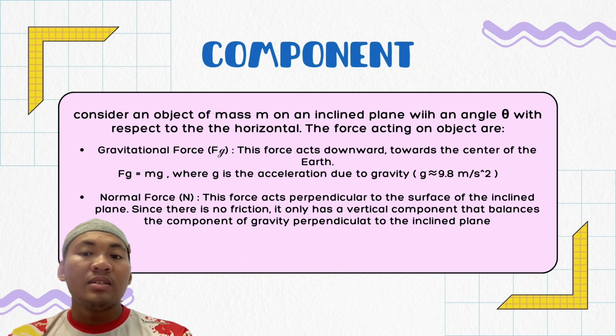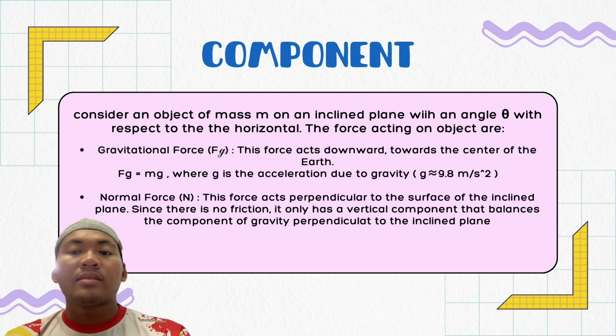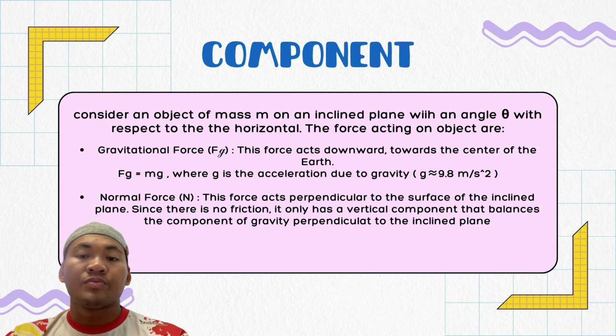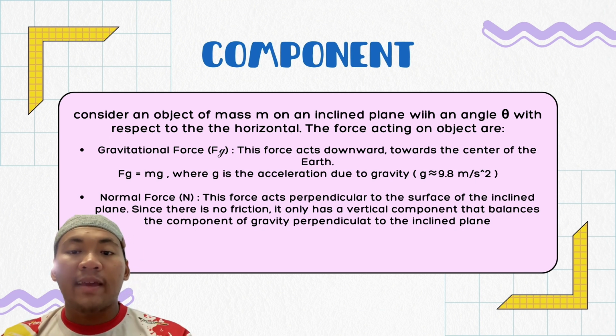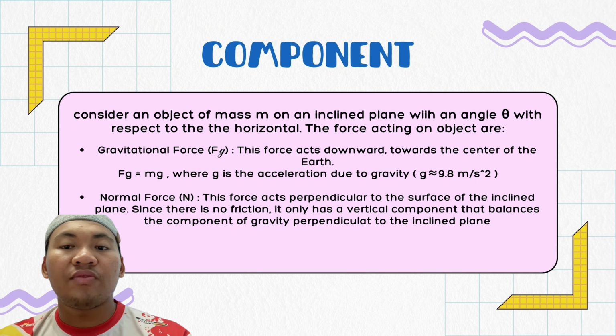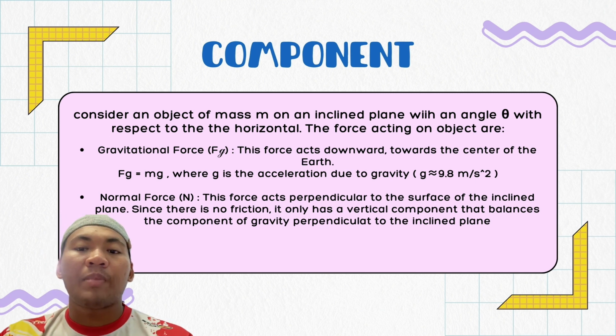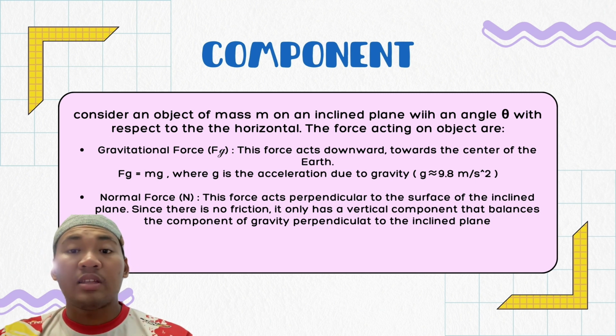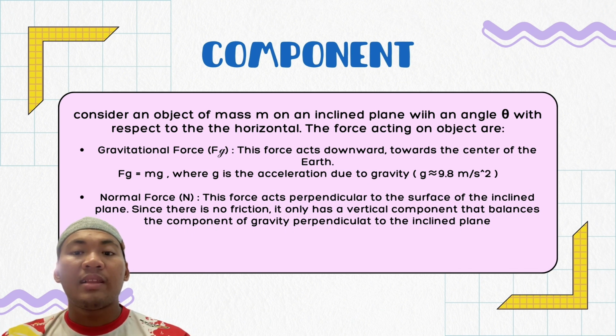That means g is equal to 9.8 m/s². Normal force, that we call N, acts perpendicular to the surface of the inclined plane. Since there is no friction, it only has a vertical component that balances the component of gravity perpendicular to the inclined plane.